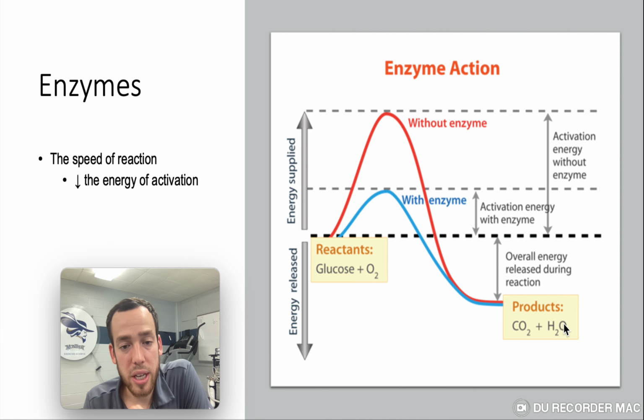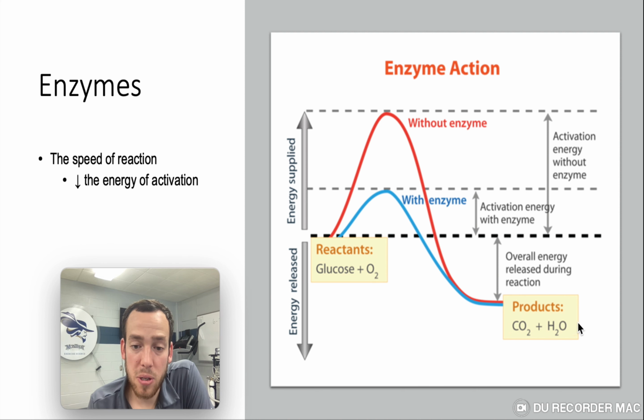Now, one of the interesting things we'll see is with enzymes, a lot of times these end products will come back full circle. And if we start to have the end products build up too rapidly for certain processes, then they will cut off the enzyme that is triggering the process in the beginning.